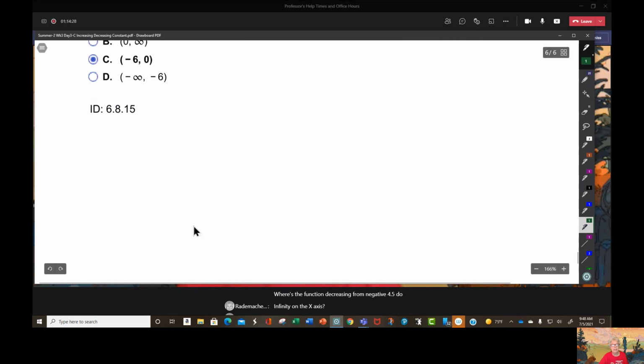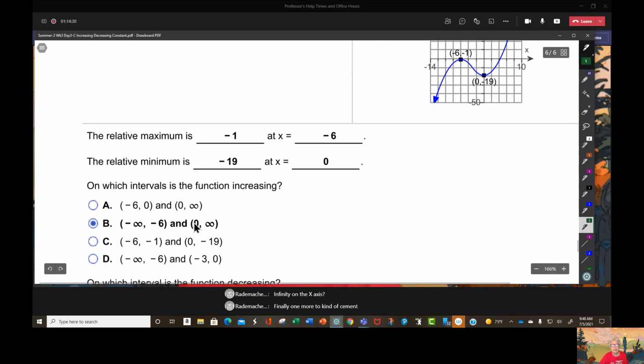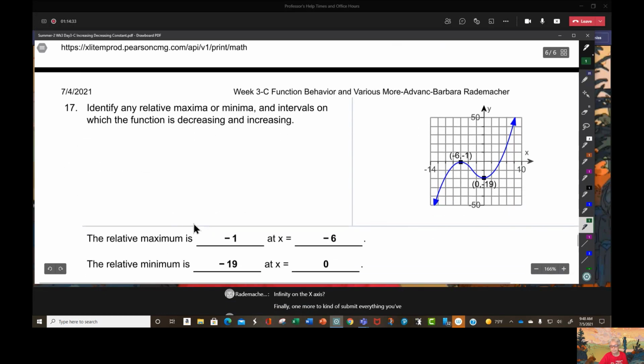Finally, one more to kind of cement everything you've learned. Your relative maximum point is -6, -1. Okay. Relative max point is -6, -1.